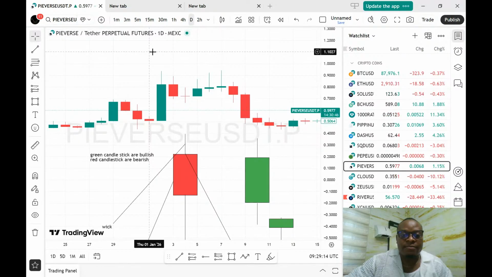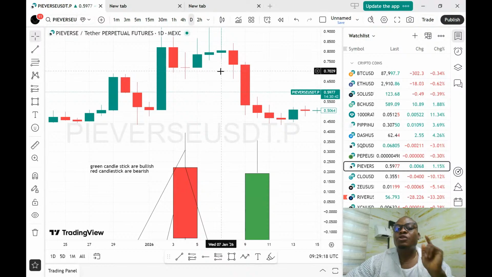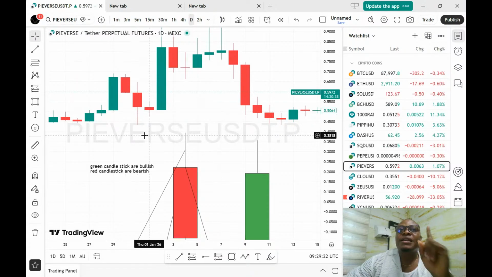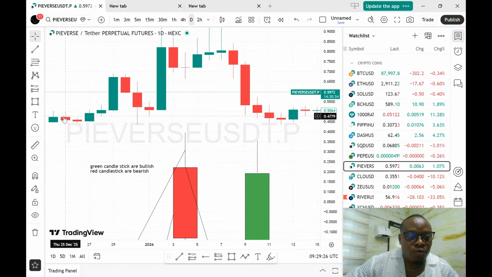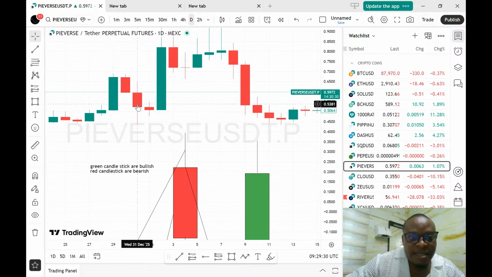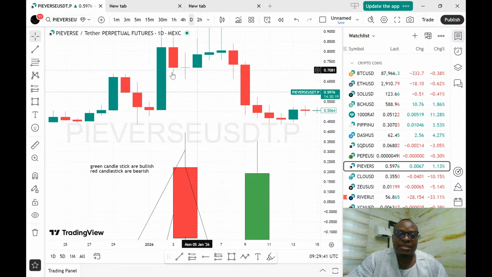Now, let me break it down more. Currently I'm on a 1 day time frame, so each candlestick you see here represents 1 day. Now we have 23 candlesticks here.